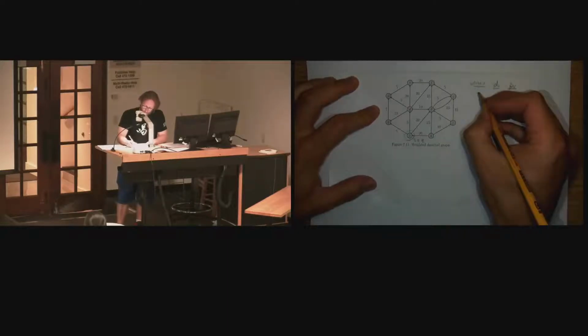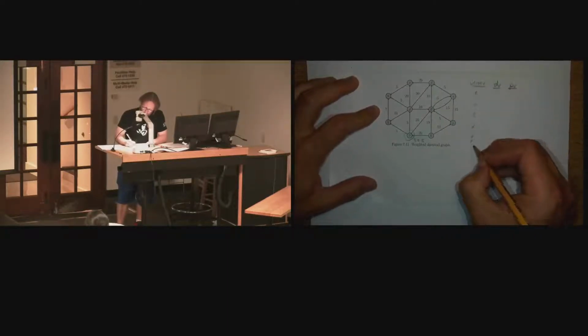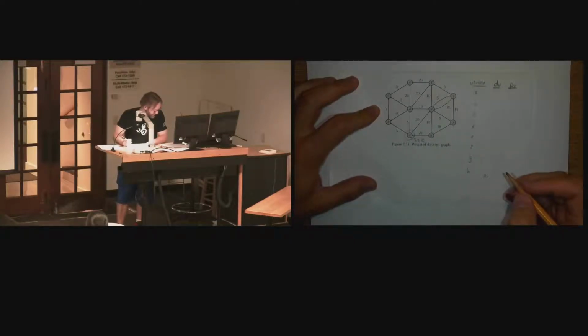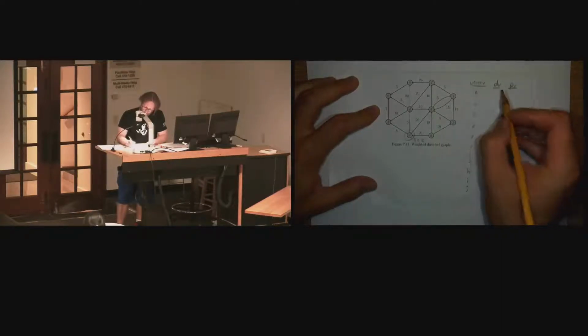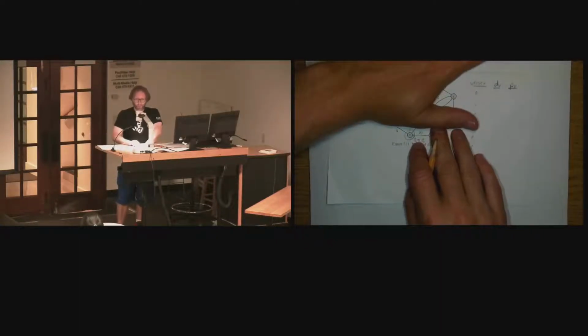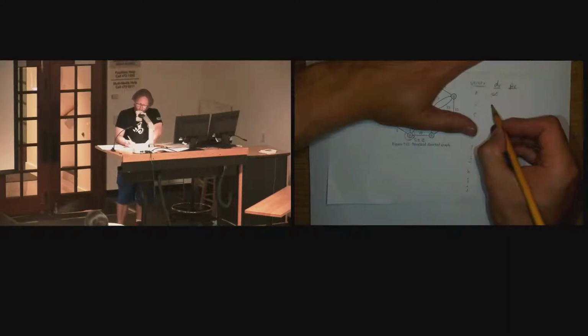Okay? So A, B, C, D, E, F, G, H. Is it all? I, J. There we go. Okay. Well, initially, if I just look at this in isolation, I haven't discovered any fringe vertices yet. So the minimum distance to everywhere, I'm going to go ahead and set that.